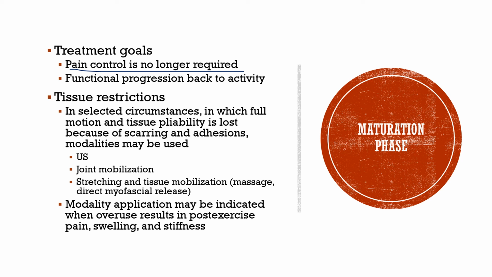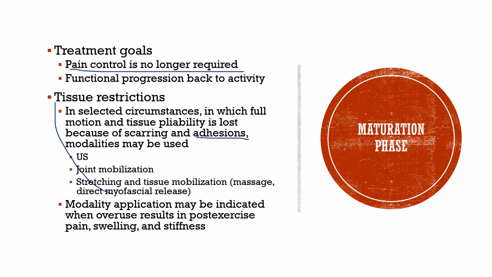We're really trying to eliminate any tissue restrictions, and because we're replacing that type 3 collagen with type 1 collagen, we want to make sure we're getting the most alignment as possible, right? Decreasing the potential for adhesions or contractures, where we have scar tissue where we don't want that. So you might be using modalities in that situation to minimize scarring or adhesion.